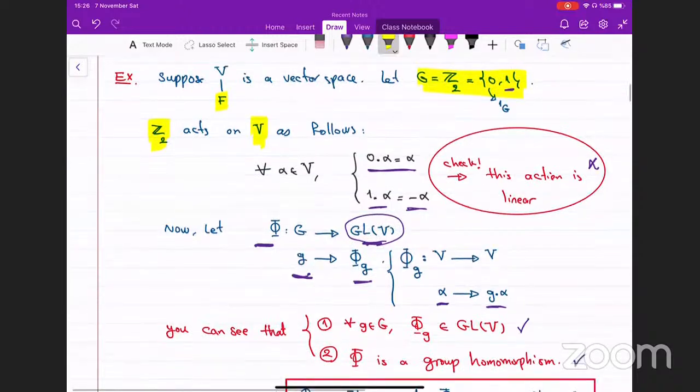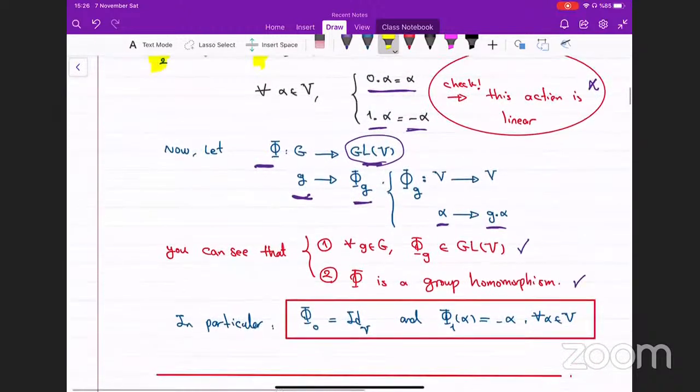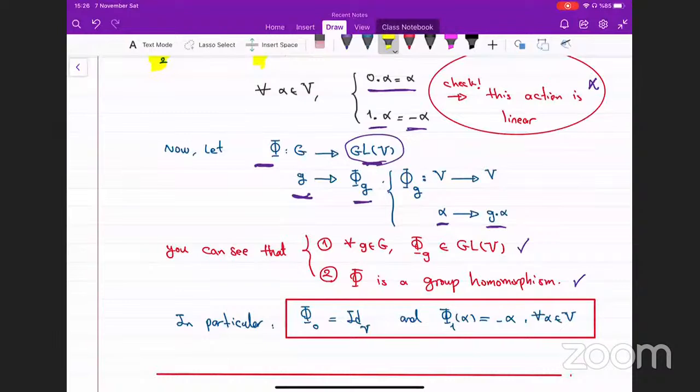If you are familiar with group homomorphisms, we know that phi, which is a group homomorphism, sends the identity of the first group to the identity of the second one.